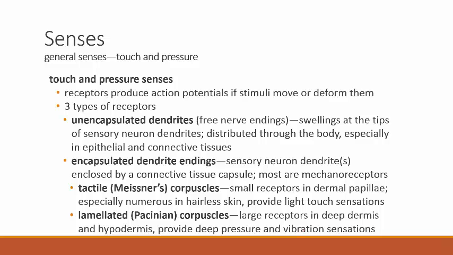There's also lamellated corpuscles, also known as Pacinian corpuscles. These were ones that were found deeper in the dermis and even in the hypodermis, those subcutaneous tissues. And they respond to stimuli like deep pressure and vibration. And again, also encapsulated.